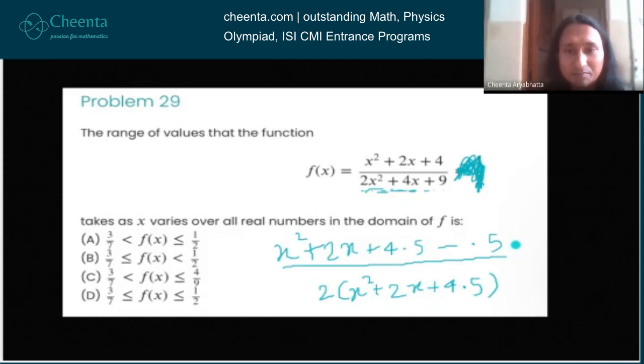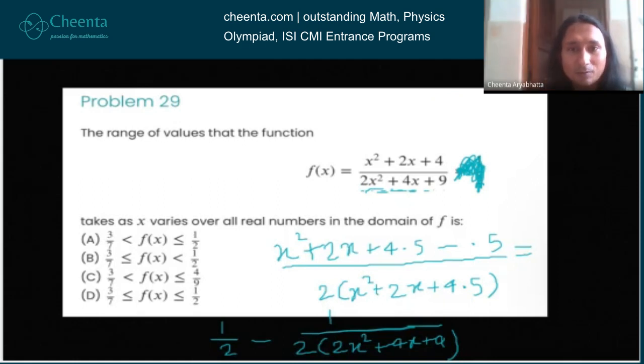Therefore, it simplifies to half minus 1 by 2 times the denominator.